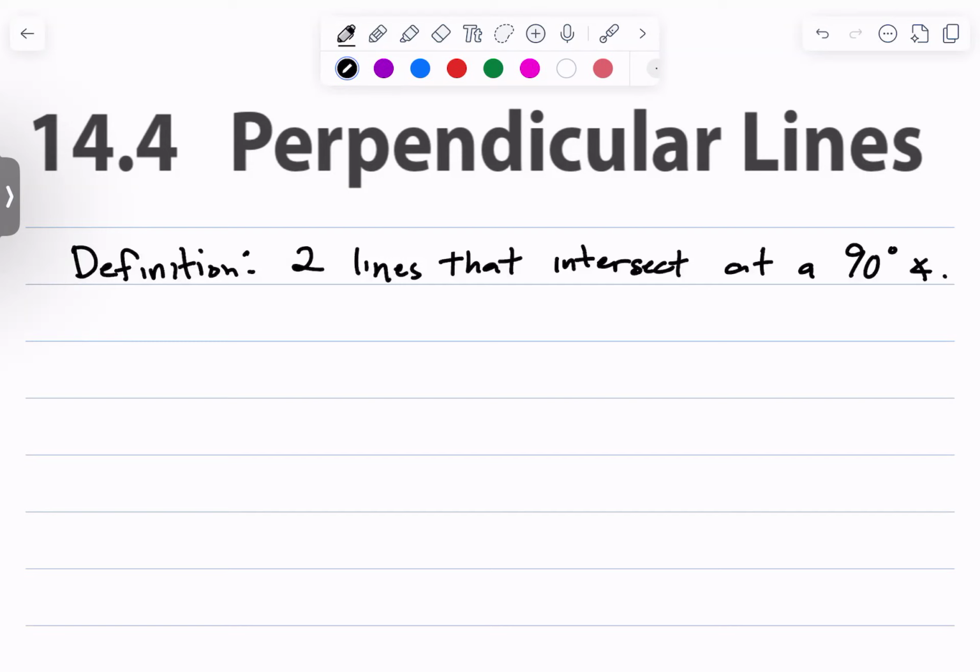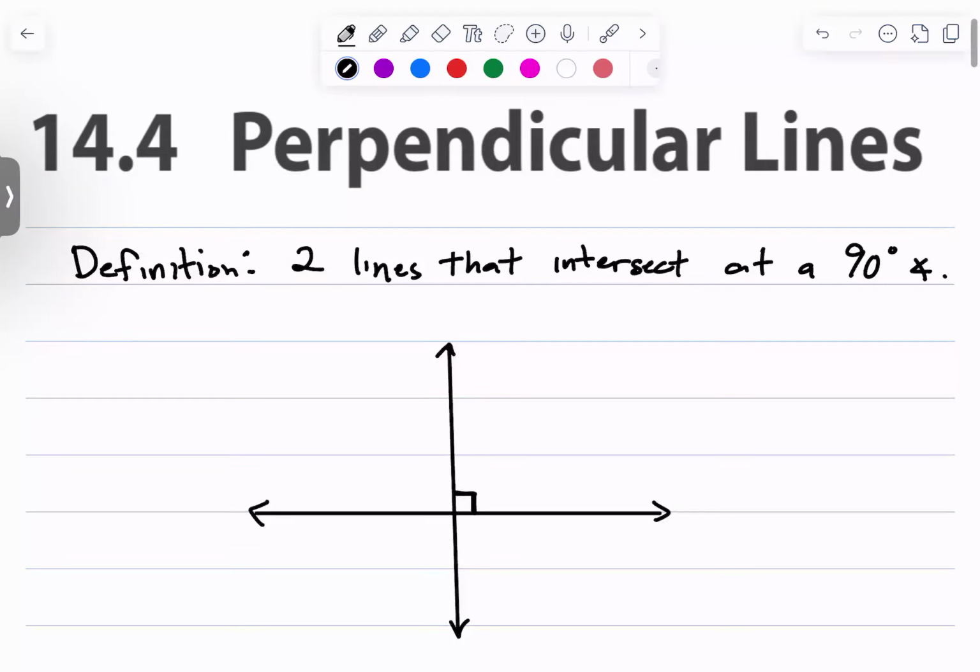Easy. So if these are the two lines that intersect, they will always create a 90-degree angle, and the little box is the representation of a 90-degree angle, right? Everybody knows that.